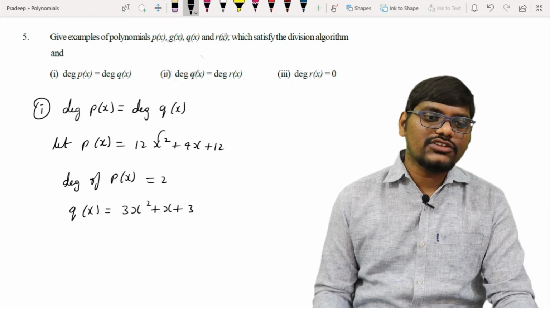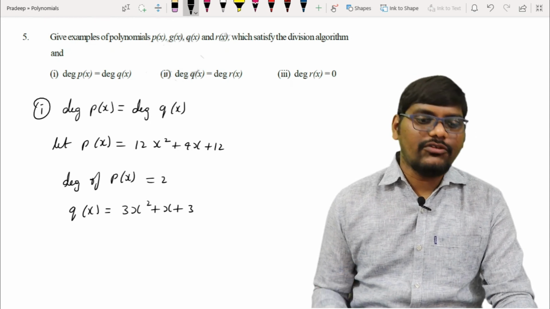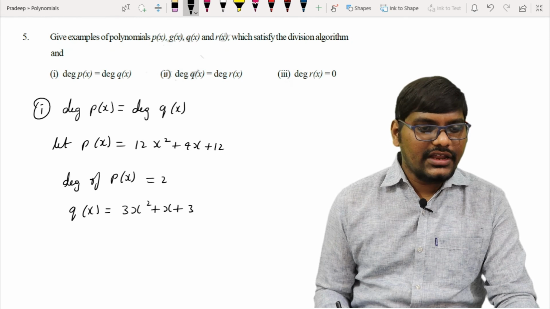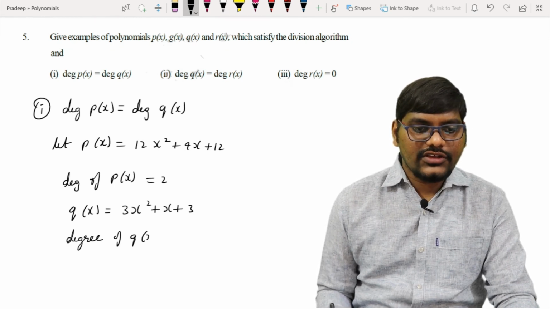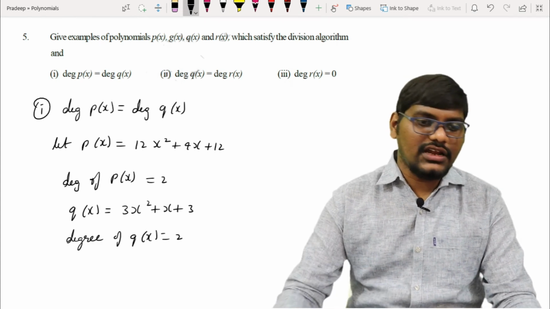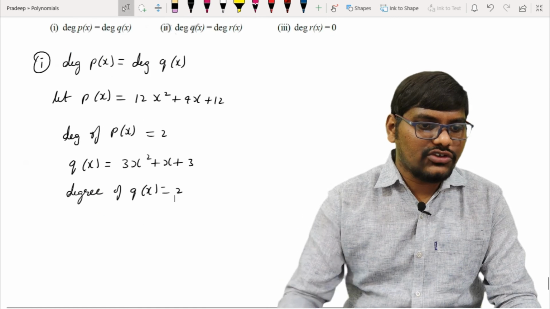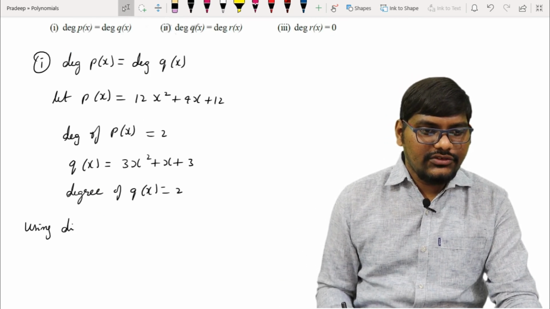Because I took the power as 2 for p of x, for the q of x also I took the same power. So I can write here degree of q of x is also 2. Okay, so we'll use division algorithm here and we'll try to solve it using division algorithm.